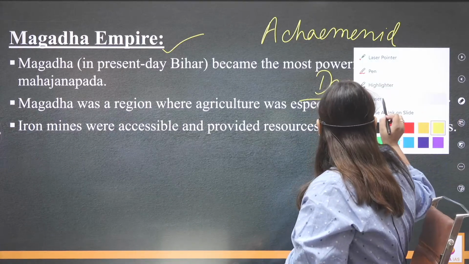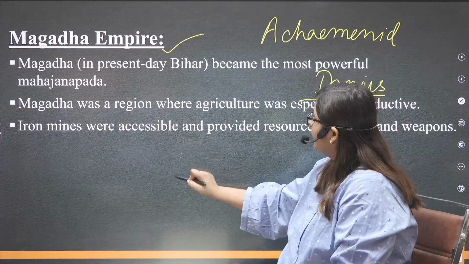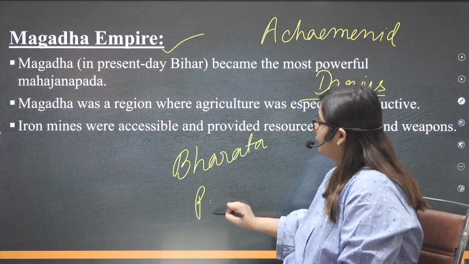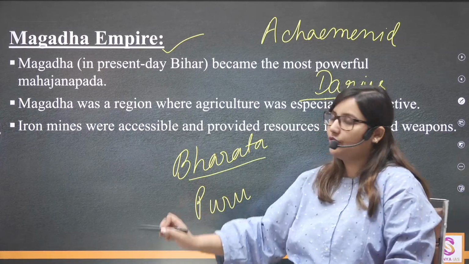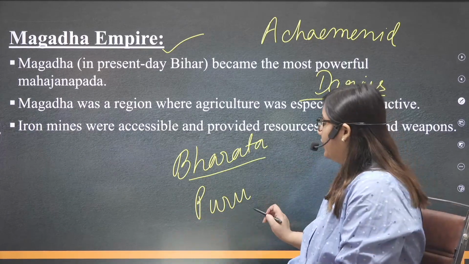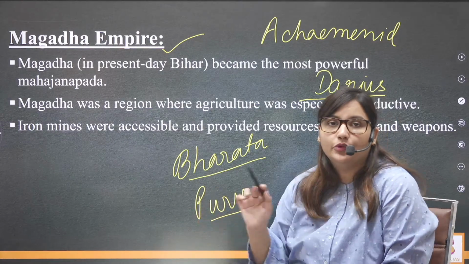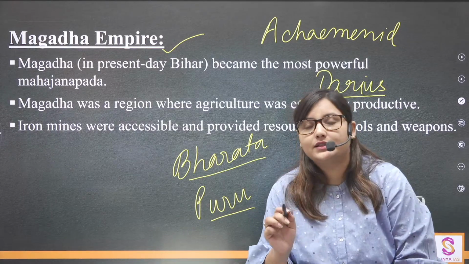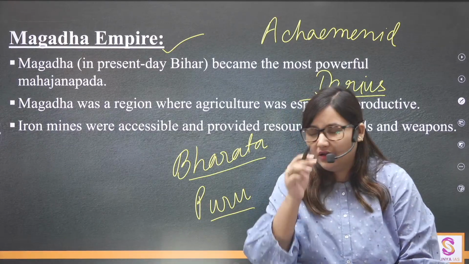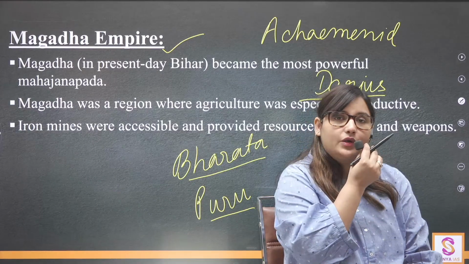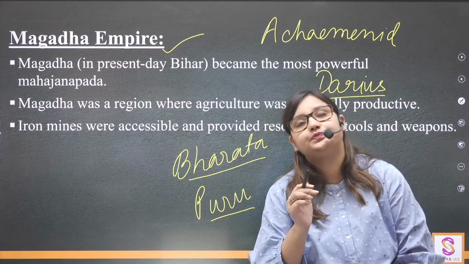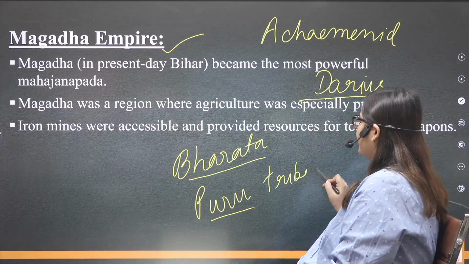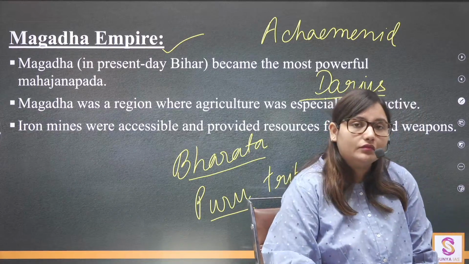Which two tribes merged together? Bharata and Puru. Sometimes it is said that the name of India, Bharat, comes from this tribe only, Bharata. Let me repeat the point for you. The Kuru tribe was formed because of the alliance and merger between the Bharata and Puru tribes.